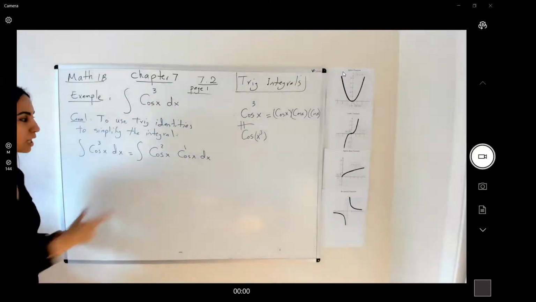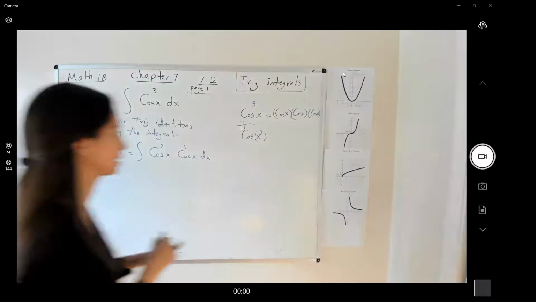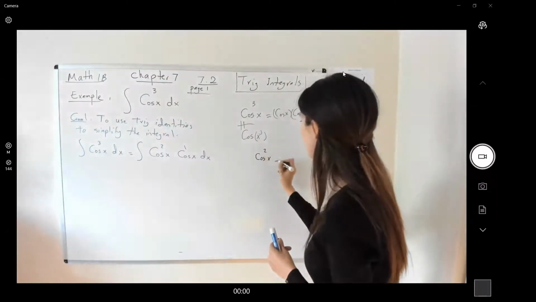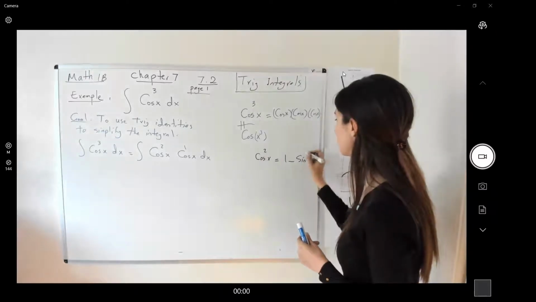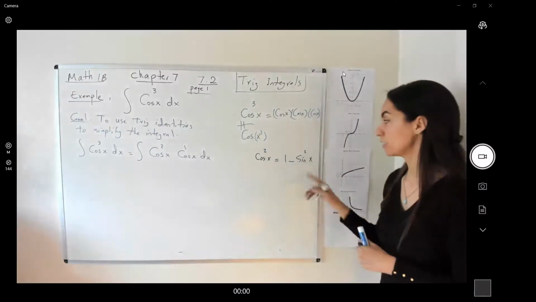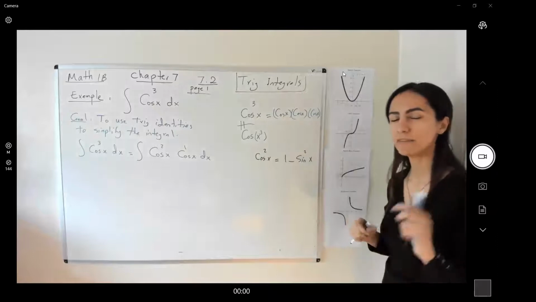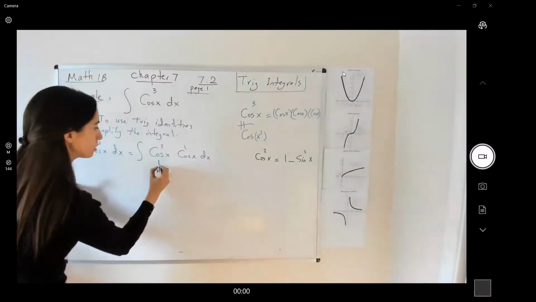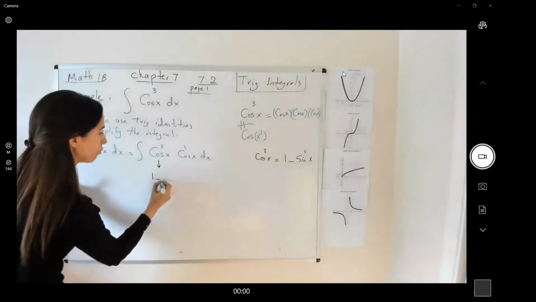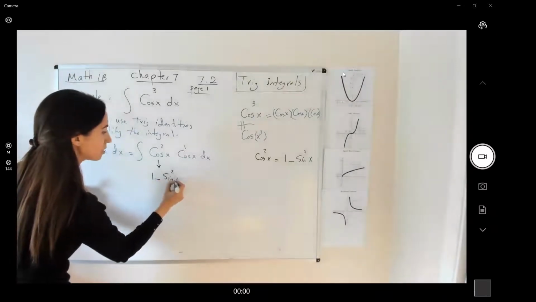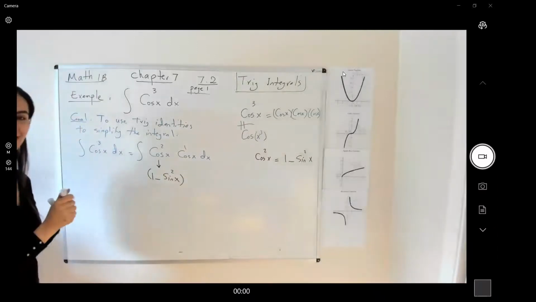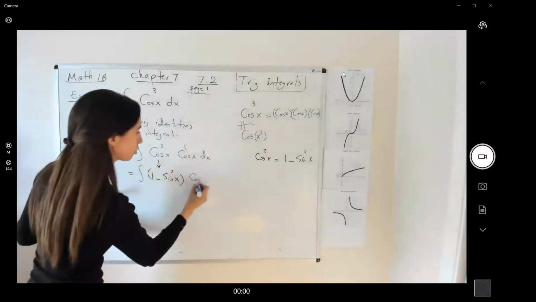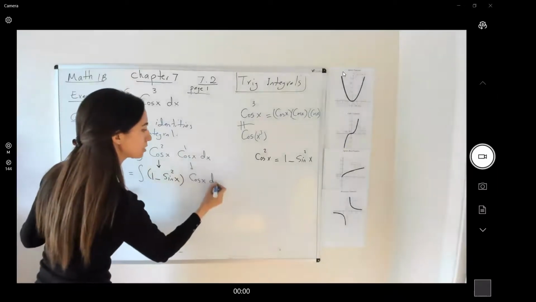Very well. Cosine squared of x, remember now, is 1 minus sine squared of x. If I have sine, then eventually I can use u sub. So this guy can be written as 1 minus sine squared of x. So let's rewrite this integral. I'm going to copy down cosine here, dx.